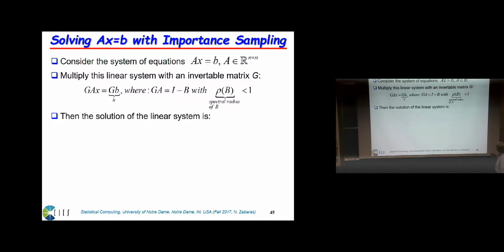Basically I want to take advantage of this form I minus B, so this is going to look like I minus B times x equal to h, and the solution of that in series form is the sum of B to the power k times h. Does that look familiar? You remember the series expansion of 1 divided by 1 minus x, from when you were in high school?